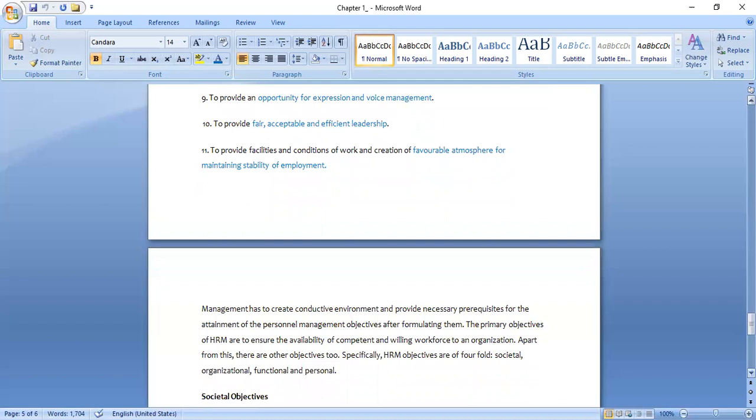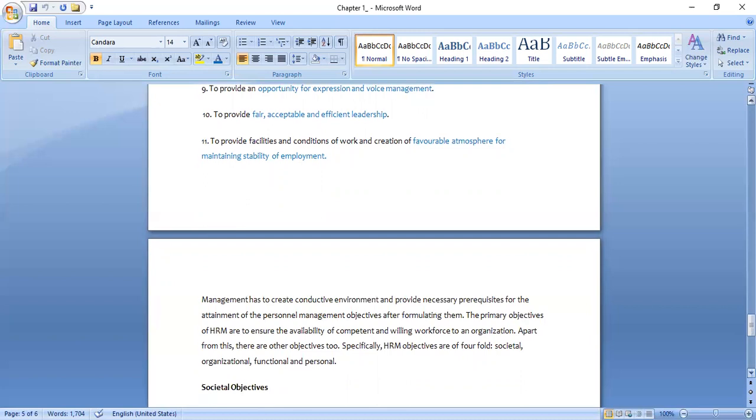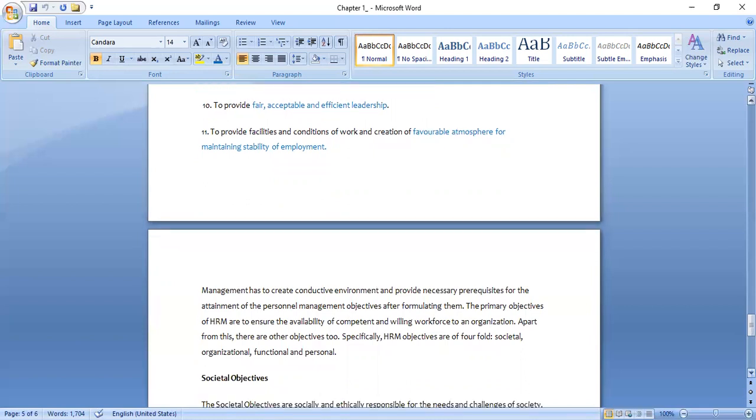Then human resource management also has an objective of facilitating the conditions of work and creation of a favorable atmosphere for maintaining stability of employment. So even the conditions of work matter a lot in terms of motivating the employees, right?